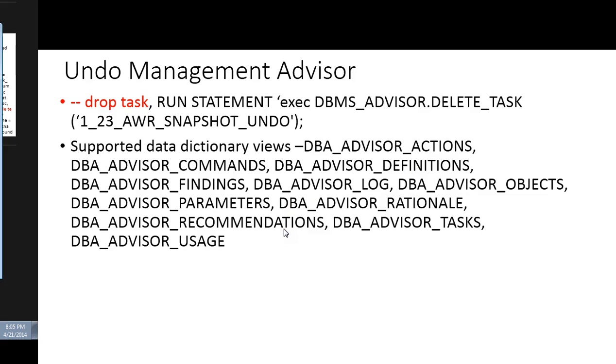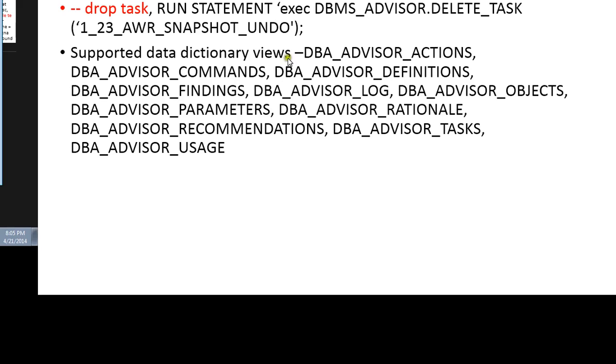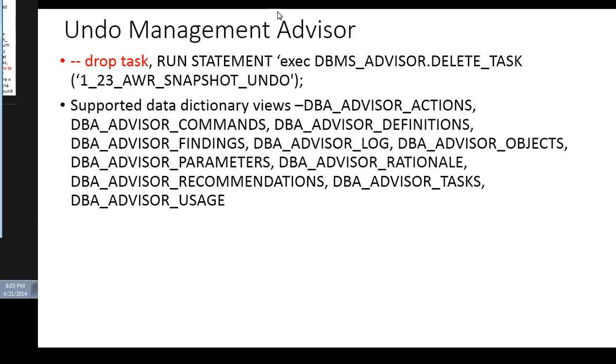For an advisor where you're not able to get recommendations using the DBMS_ADVISOR package, you have to rely on these views to query the recommendations. I think the action view is where you're able to get some sort of reading as to what you should be performing to get the right configuration for your undo on your database.